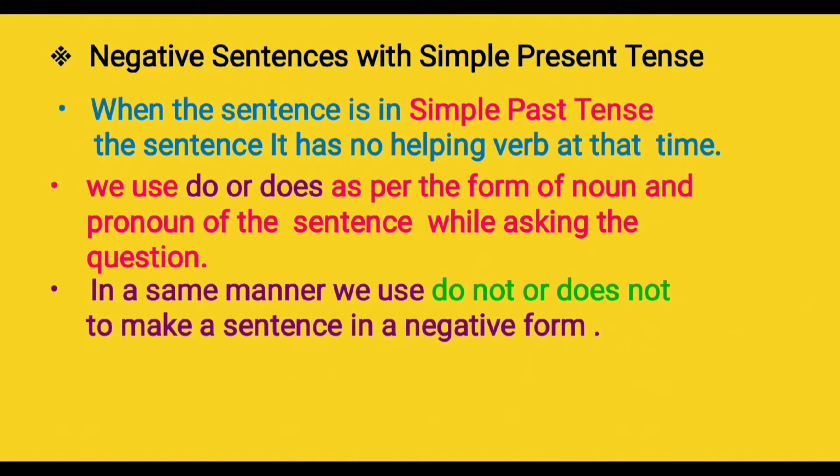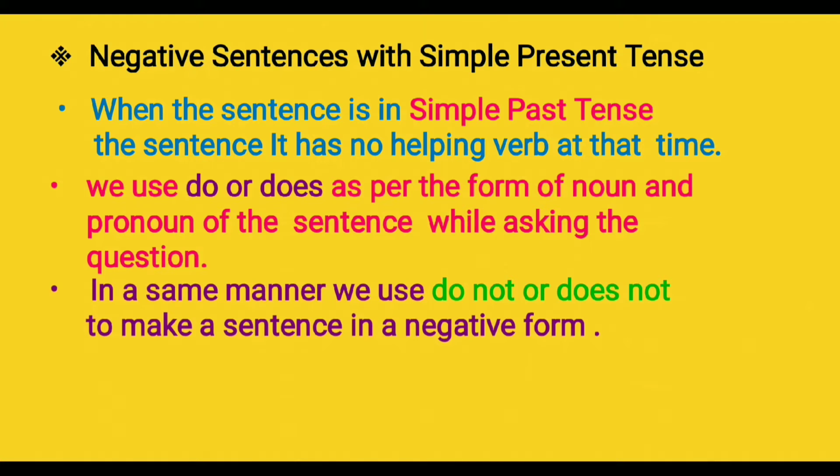It means that in the simple present tense, we do not have any helping verb. So while asking a question, when we change a positive sentence into interrogative, we can take help from do and does. So for the simple present tense, we use do and does to make a question.